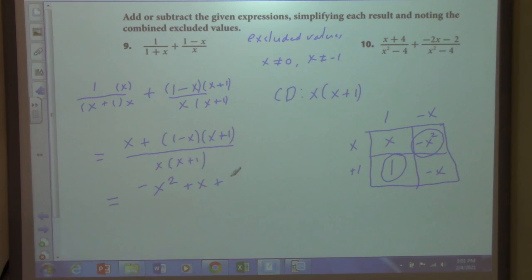Plus 1, and that's all over x times x plus 1. And these are the excluded values that we carry with us. And that, ladies and gentlemen of Algebra 2 honors, is worked out for today. Then we're going to resume on number 10 tomorrow. We'll just leave it right there. Thank you.